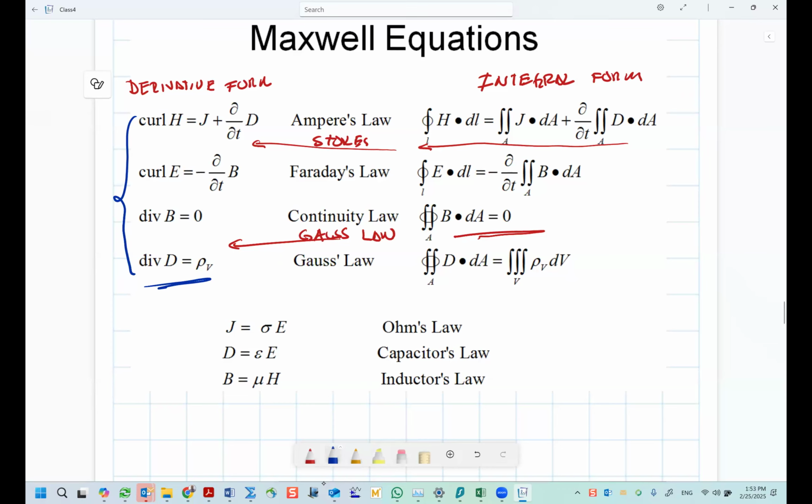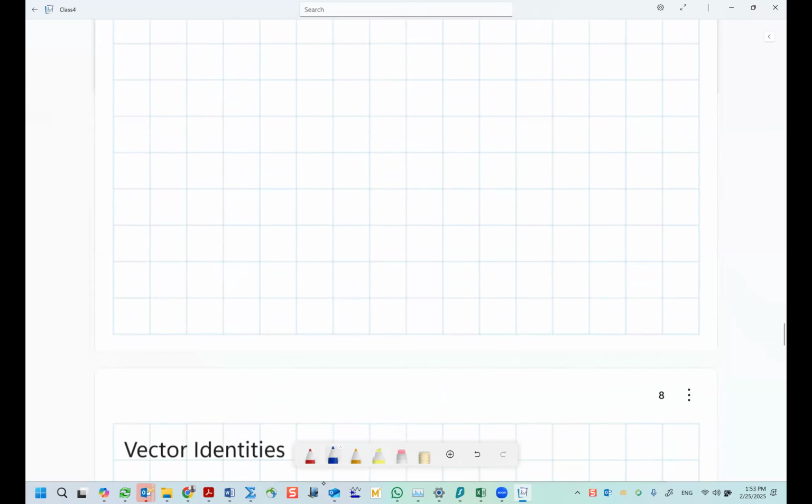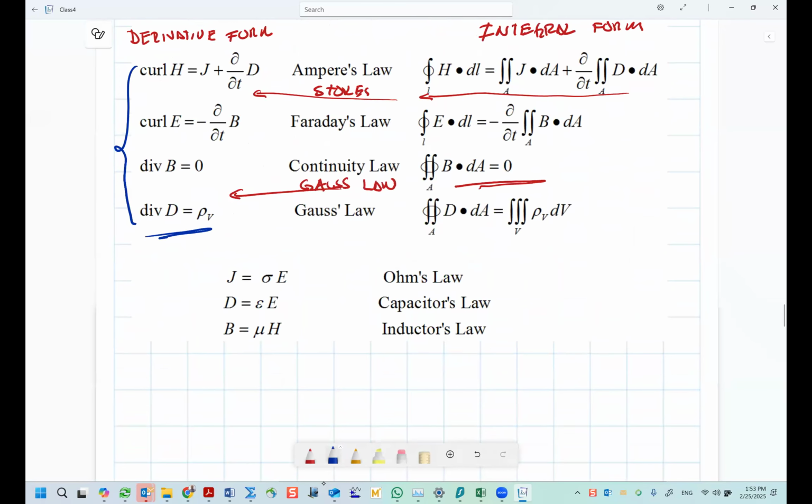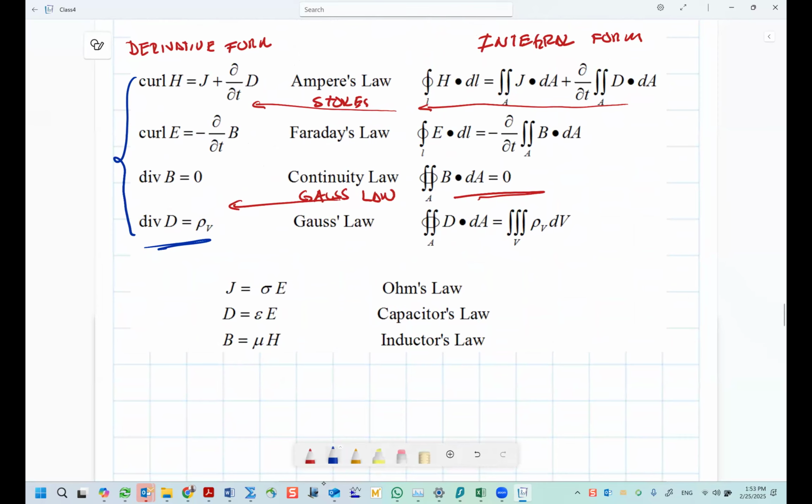Now, all programs I know work on setting up the problem for different types of fields. It's not common that we solve the full problem as it is.